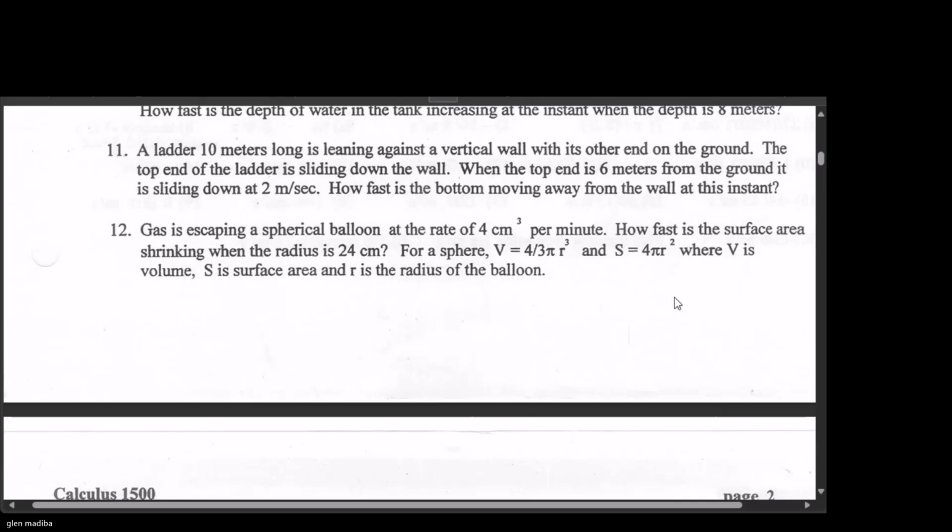So with these word problems, you need to find the formula for the derivative based on the original function, which you make up from the word problem itself.